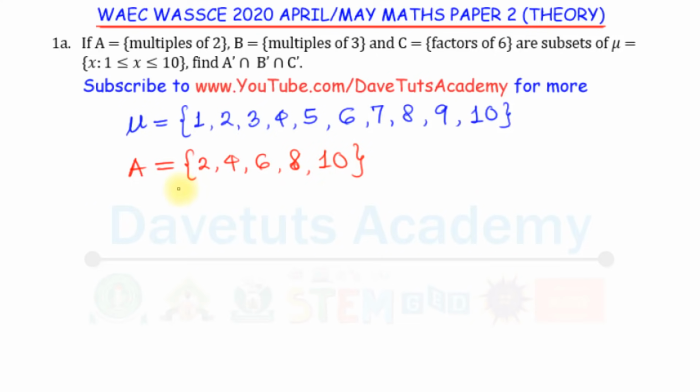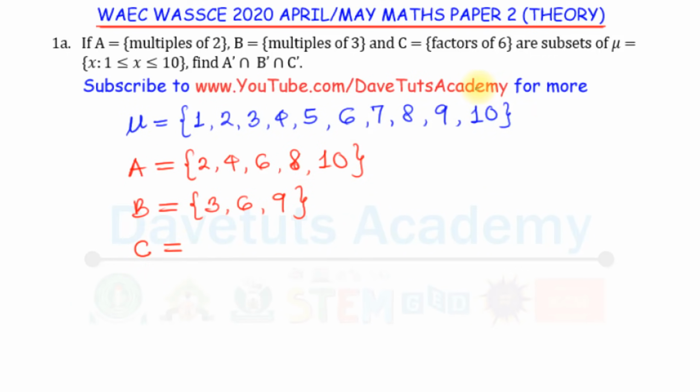So that is the set that contains the elements of A. And then B is the set defining the multiples of 3. So we have 3 multiplied by 1 is 3, by 2 is 6, by 3 is 9. Any other value will go beyond the scale of our universal set.